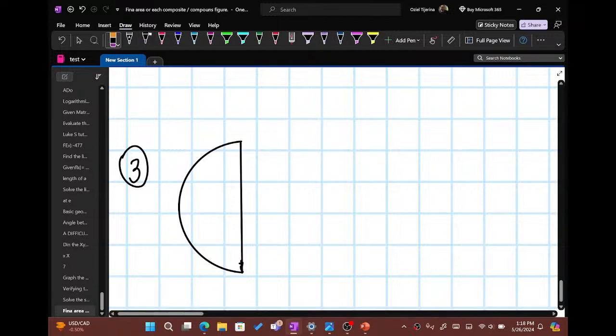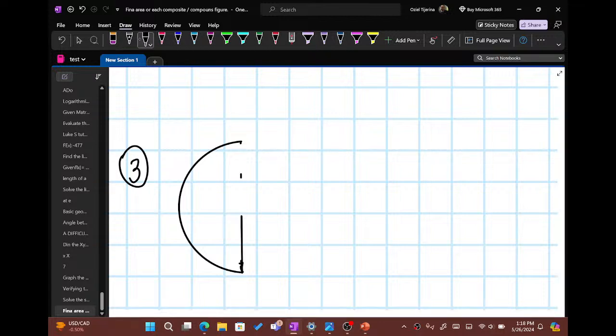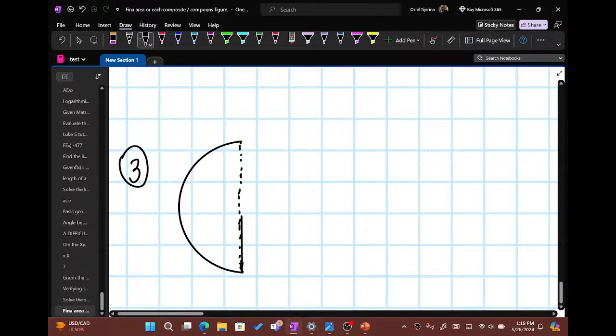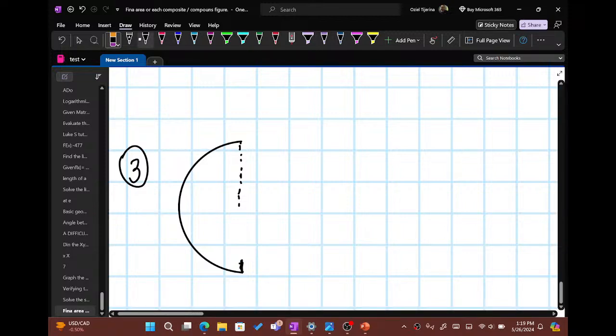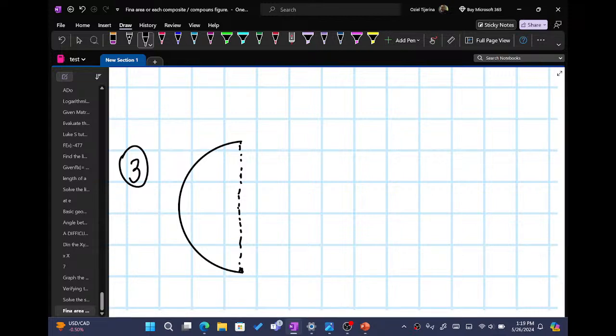And of course this is dashed, so it's kind of like, I guess it doesn't really matter if it's dashed or not, but here, and we know that there's a triangle, it's like a right triangle. It's what it looks like.